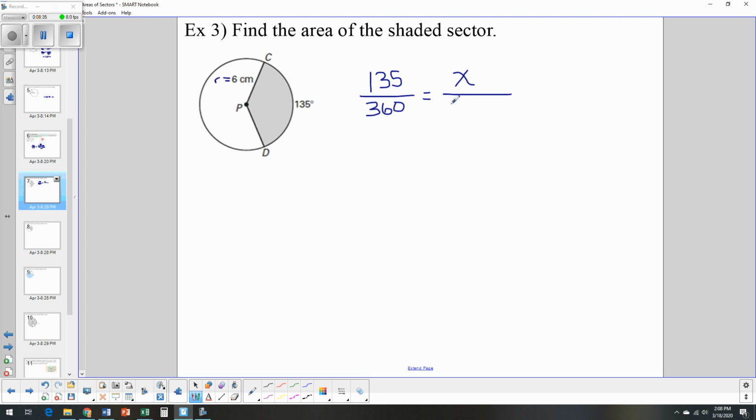So I'm going to use pi r squared, so that's going to be pi 6 squared. Make sure when you're cross multiplying, you square the 6 first. So we're going to get 6 squared times the 135 times pi. So I'm going to have 4,860 pi is equal to my 360x.